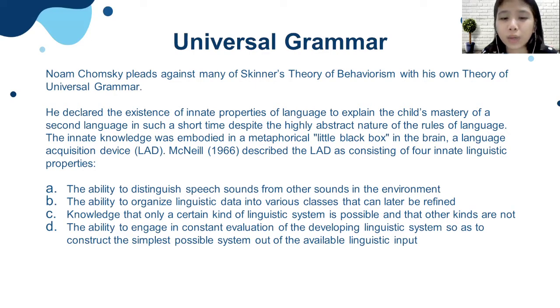McNeill described the LAD as consisting of 4 innate linguistic properties: the ability to distinguish speech sounds from other sounds in the environment, the ability to organize linguistic data into various classes that can later be refined, knowledge that only a certain kind of linguistic system is possible and that other kinds are not, and the last is the ability to engage in constant evaluation of the developing linguistic system so as to construct the simplest possible system out of the available linguistic input.